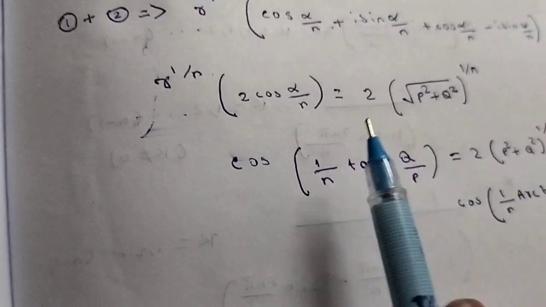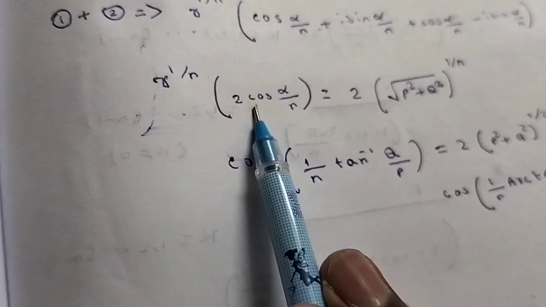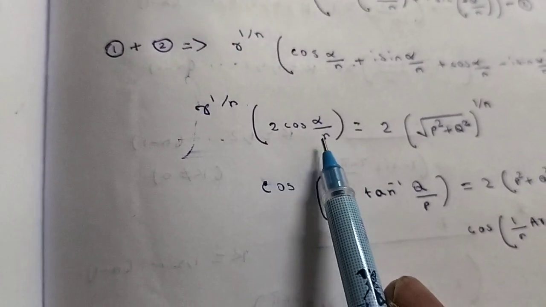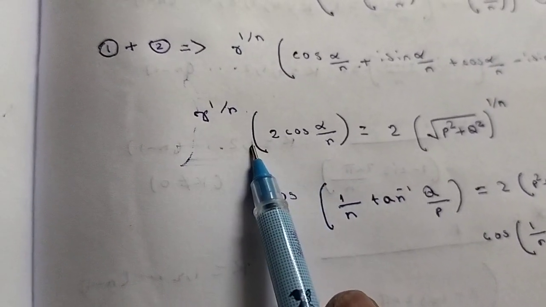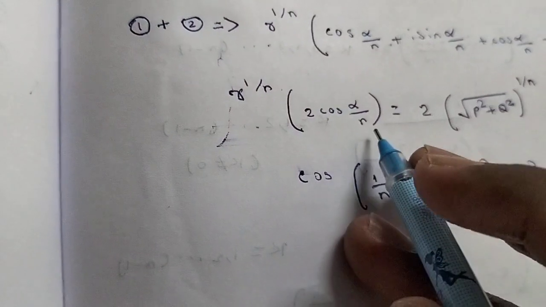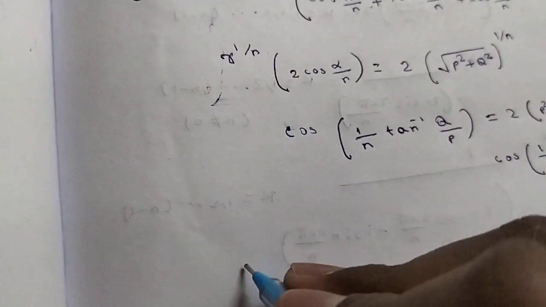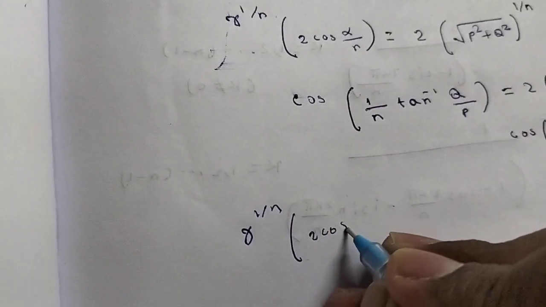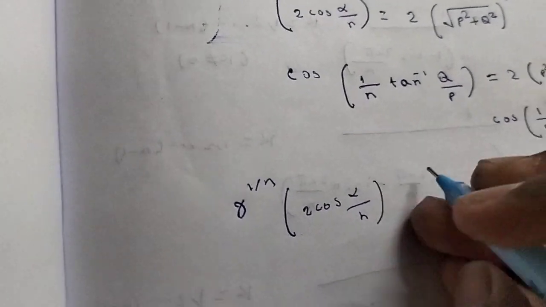So here it is 2 cos(alpha/n) times r to the power of 1/n.